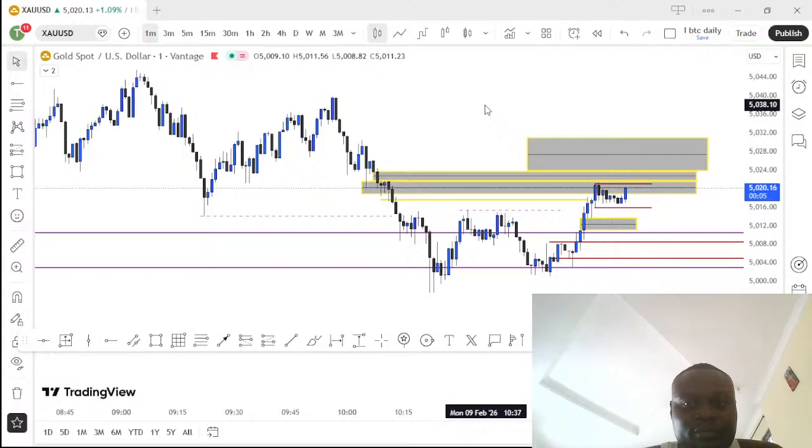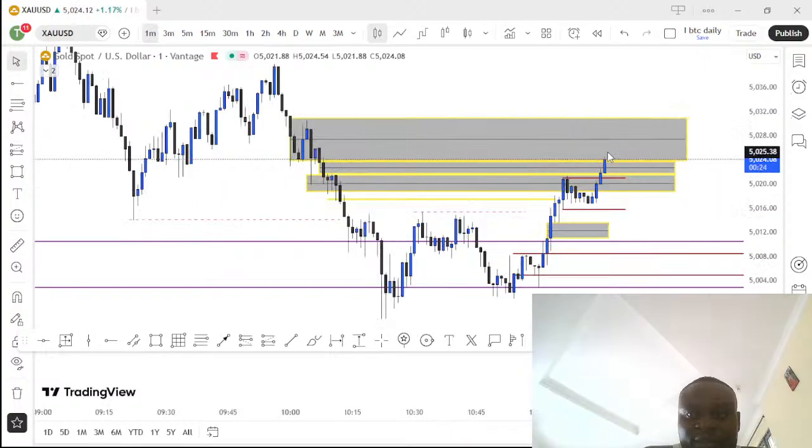So price has come to our golden level. Now this is the place where we were waiting for price to come. So now you see this range has been broken. So buyers are still in control, but we have an order block here.